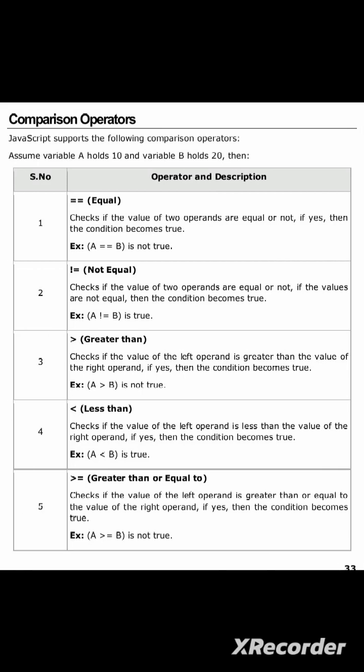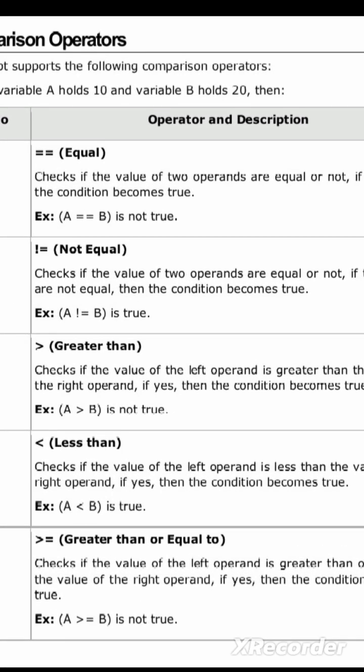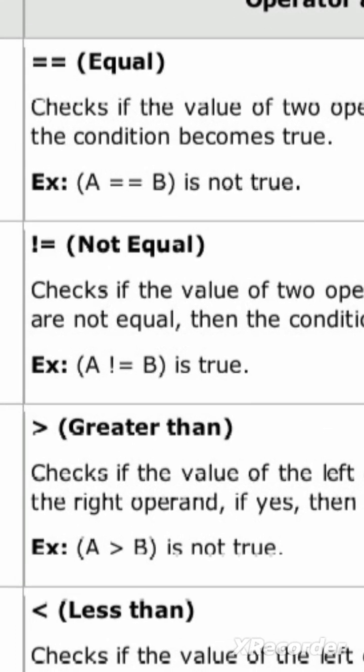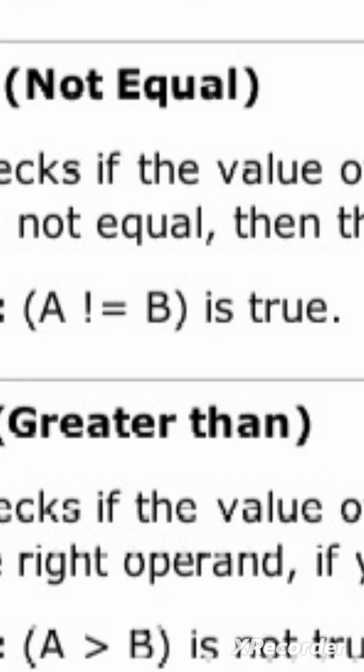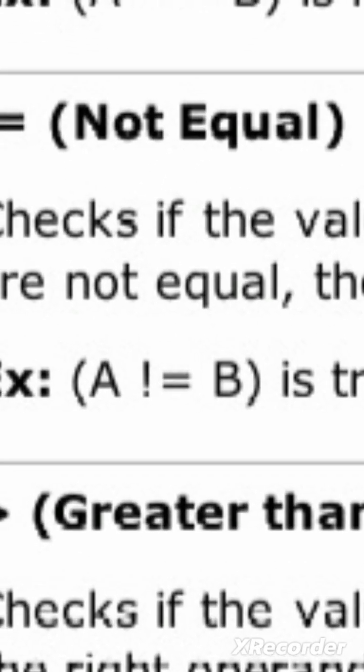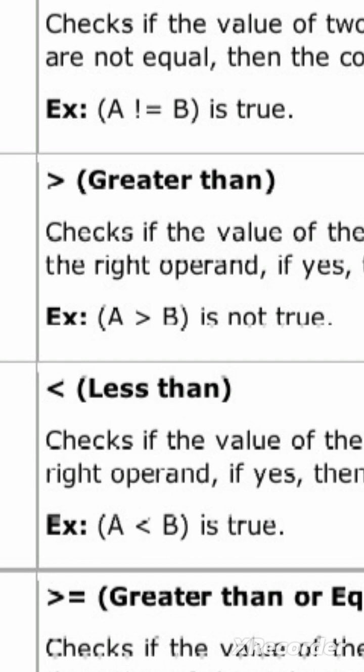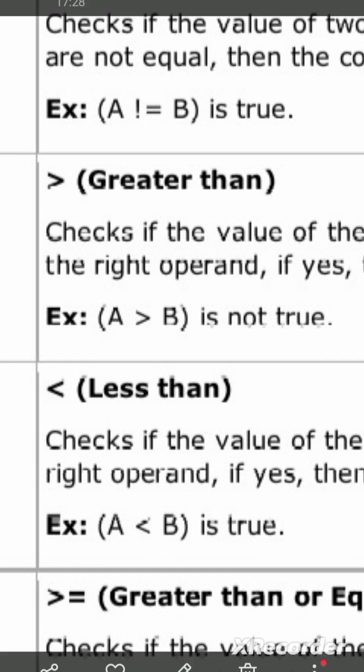Now next are comparison operators. Comparison operators are used when you are checking for some condition. These are used with the help of two signs. Equals to means you are checking whether a is equals to b, and not equals to means you are checking whether a is not equals to b. Greater than, you are checking whether a is greater than b or not.